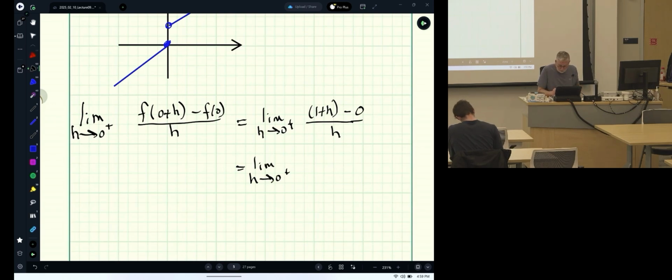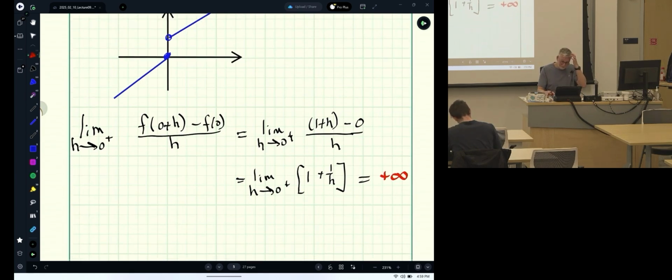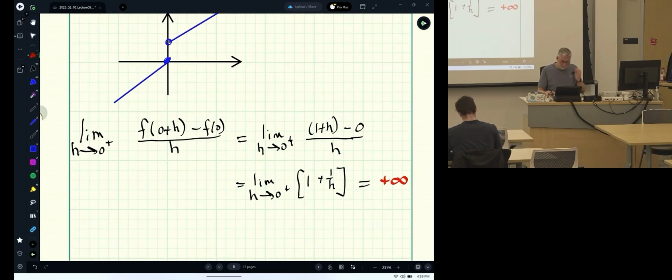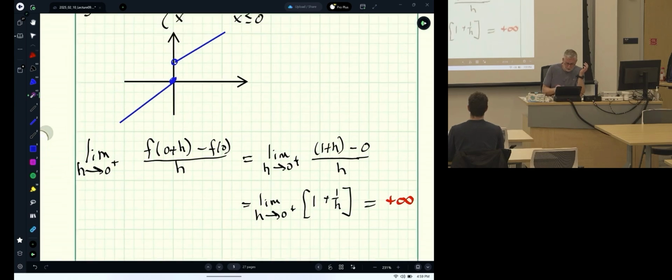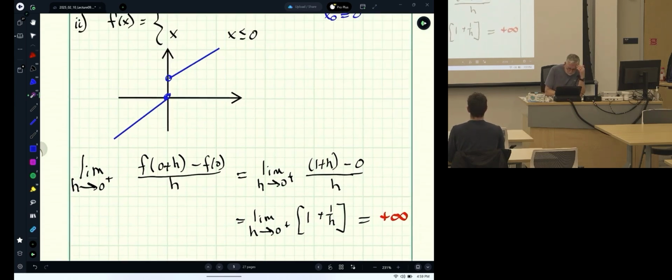We end up with h over h, that's 1, but then we have the 1 over 1 plus h. So that's plus infinity. Okay, does that make sense to us that that's plus infinity? Yes. The slope to go from here to here is straight up, so it's infinitely steep, okay?